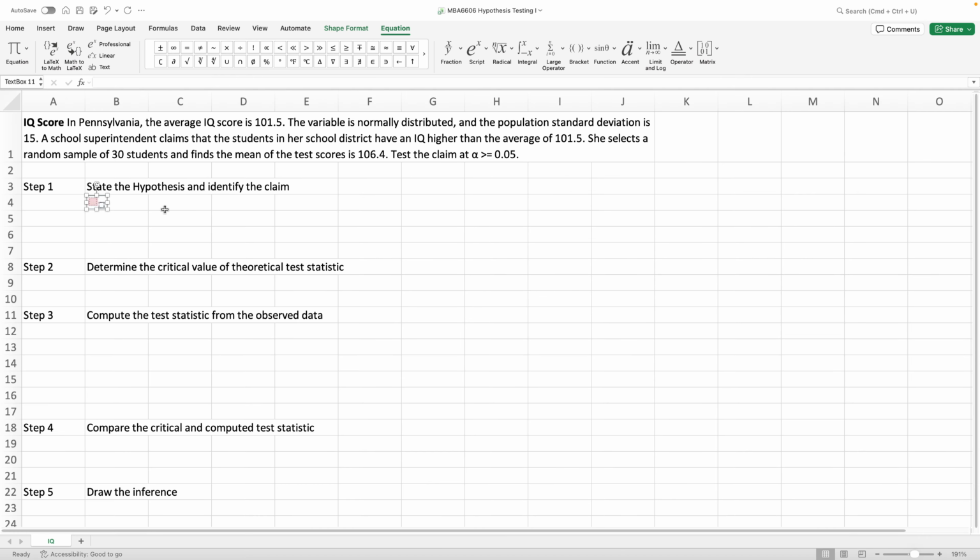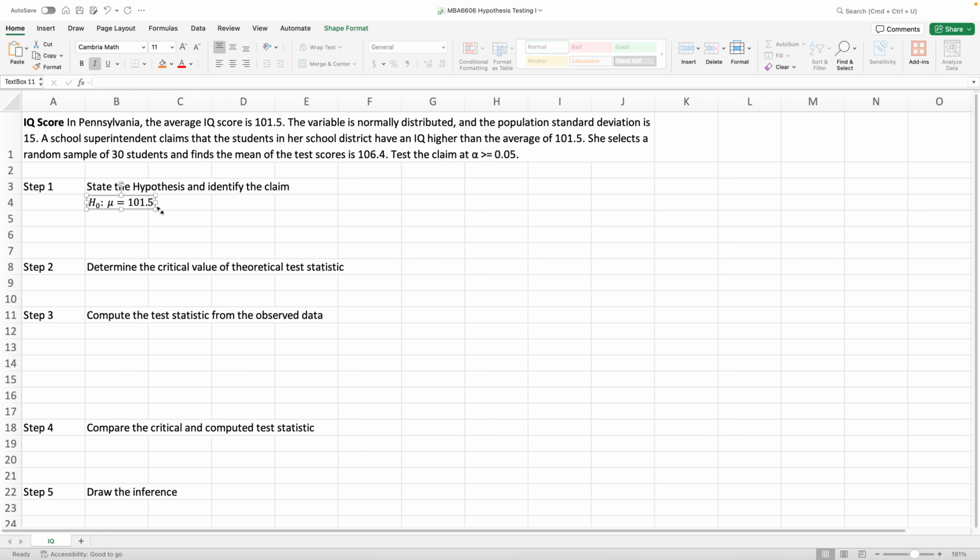So we have H naught or H0 is, and let's say the mean we indicate by mu, is equal to 101.5. Now this is what we know about the state of Pennsylvania. Now what will be the alternate hypothesis?